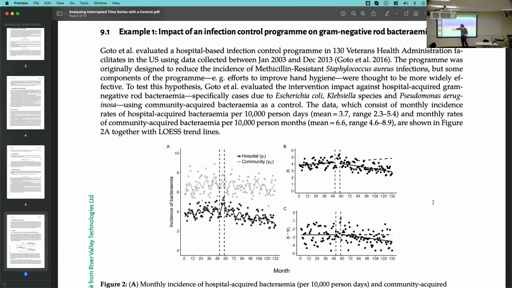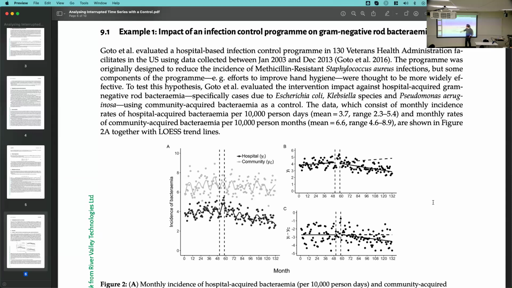Right, so did you get sick with some bacterial infection from being in the hospital? The dark line is for people that were hospitalized, and there was some policy introduced at some point to try to reduce these infections. And the gray line is in the community at large, so not people that were necessarily hospitalized.